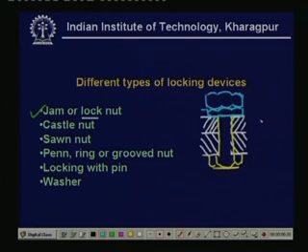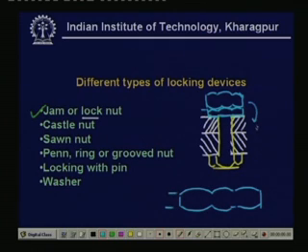Sometimes we use two nuts together, and the thickness of the top nut, that is this one, is normally larger, but sometimes we use the bottom nut to be of larger dimension, which is not very effective, because most of the load, as I said, will be taken by the top nut, and therefore, we use these two nuts of the same thickness.